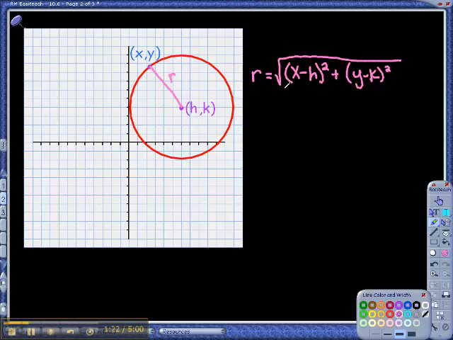This is pretty much the distance formula. The only difference is we don't leave it as r equals the square root of; we square both sides to leave it in terms of r squared. So r squared is equal to x minus h, quantity squared, plus y minus k, quantity squared. That right there is the formula for the equation of a circle.